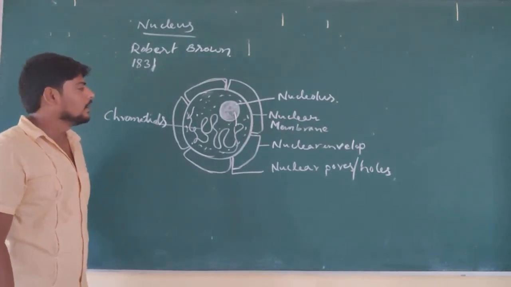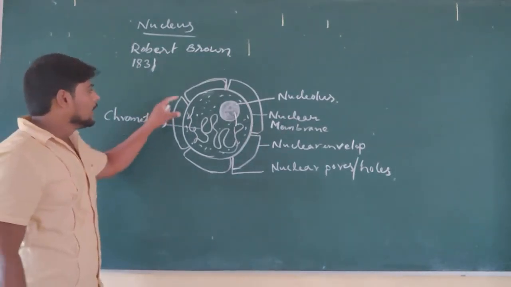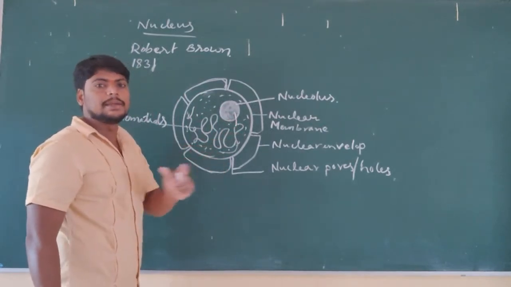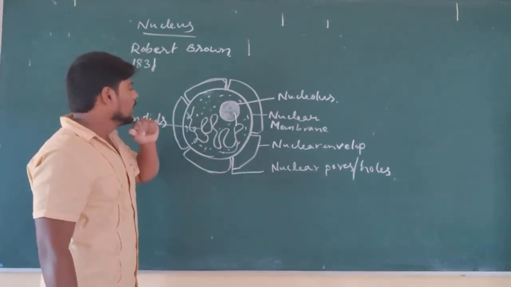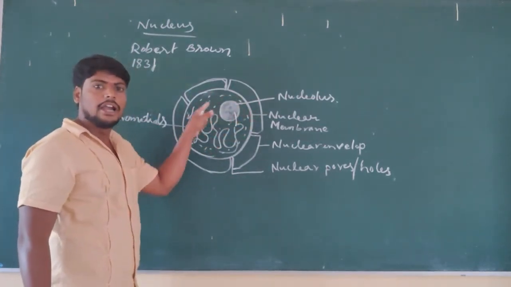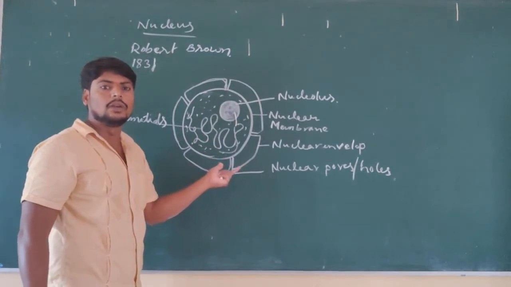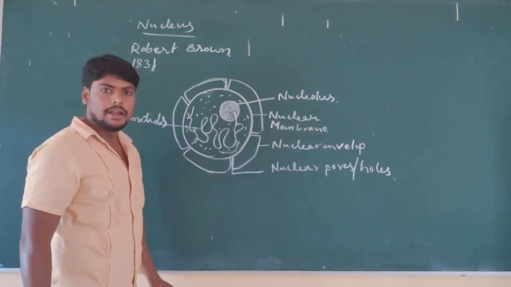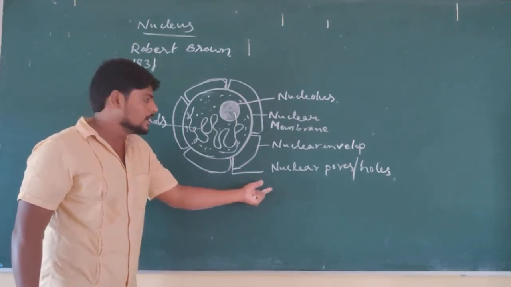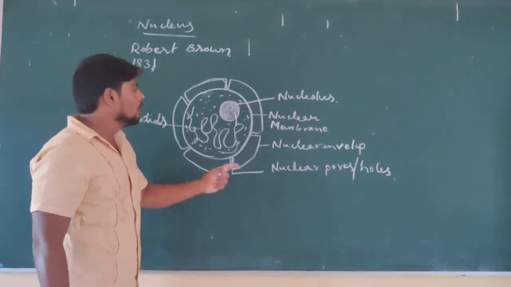So, we are studying the nucleus. What do you have to learn? The nucleus is present exactly in the center of the cell, except in plant cells, and it consists of a nuclear membrane surrounded by another membrane called the nuclear envelope, which has minute holes called nuclear pores or nuclear holes.